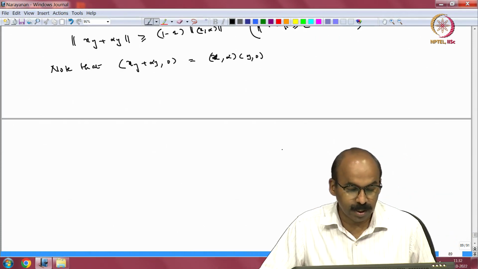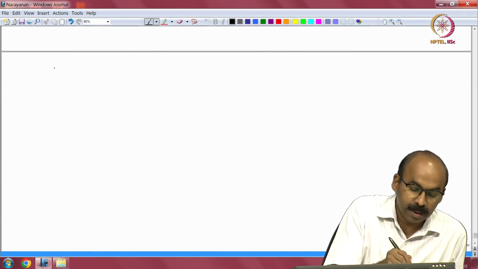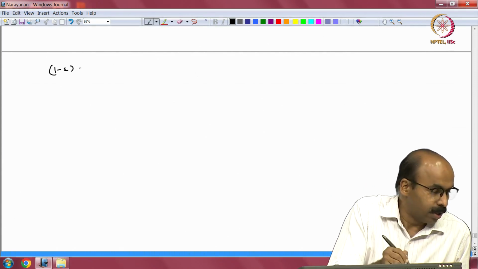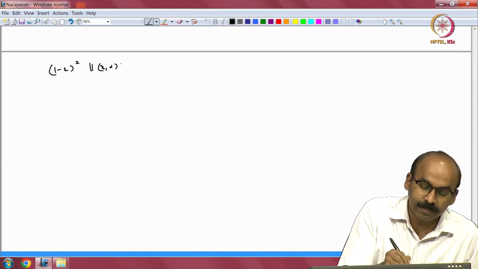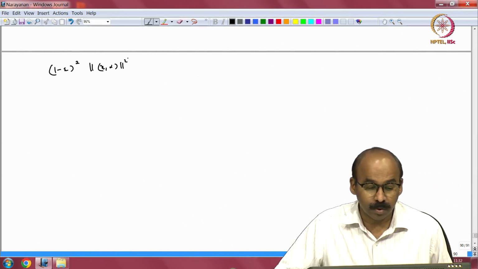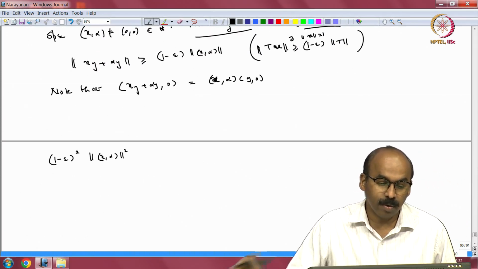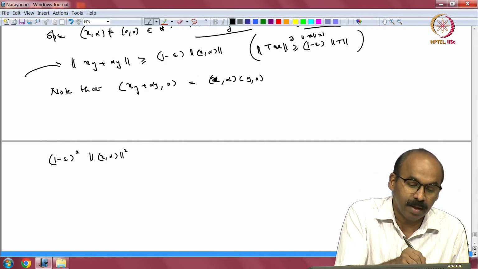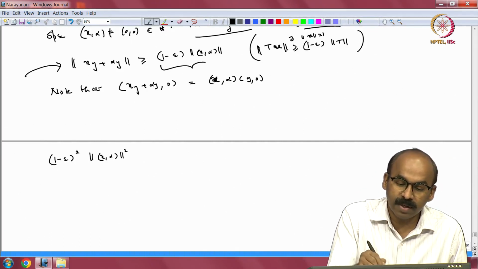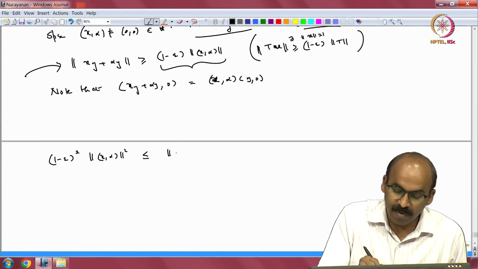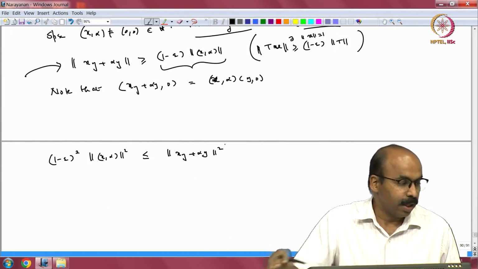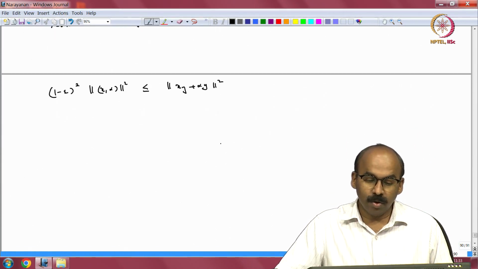So, now let us start with that. Maybe I go to the next page. So, 1 minus epsilon squared times norm of (x, alpha) squared, is less than or equal to the norm of x y plus alpha y, squared.